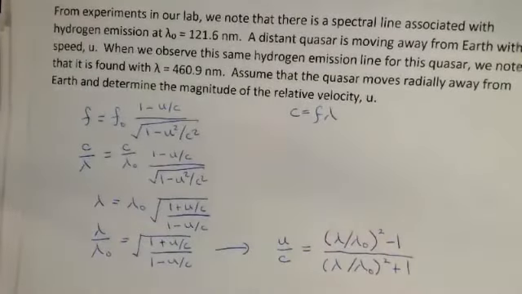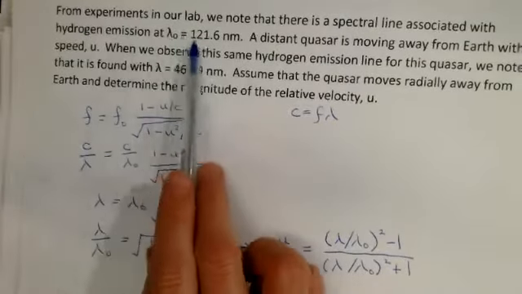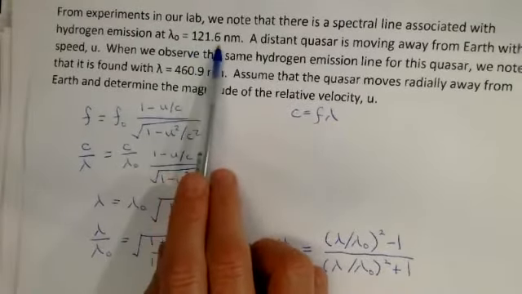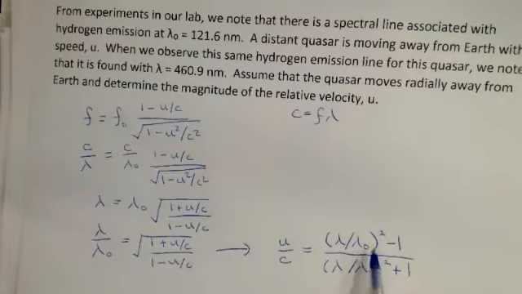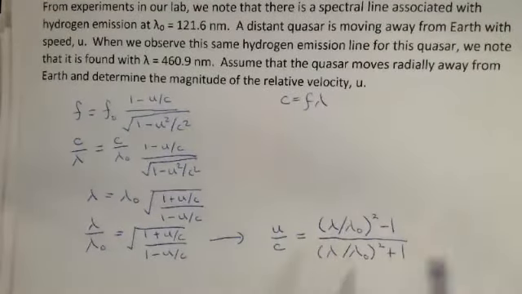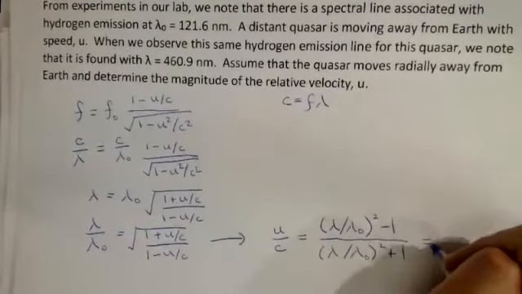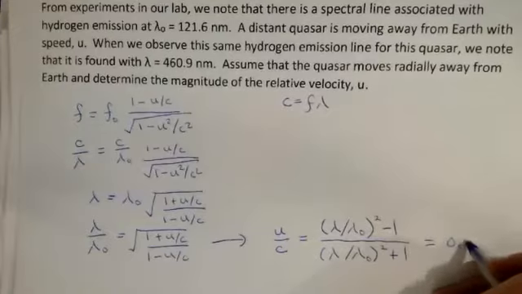Now, lambda is 460.9, lambda naught is 121.6, both nanometer. And so lambda over lambda naught is about 3.79. Plugging that in we get that U over C is about 0.87.